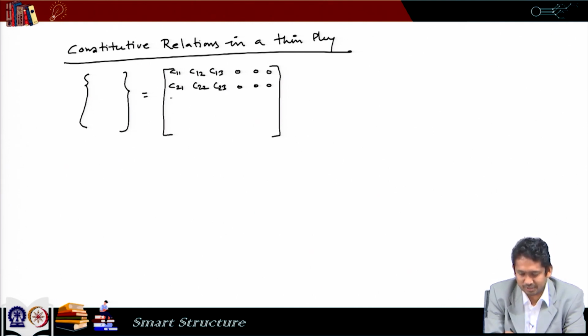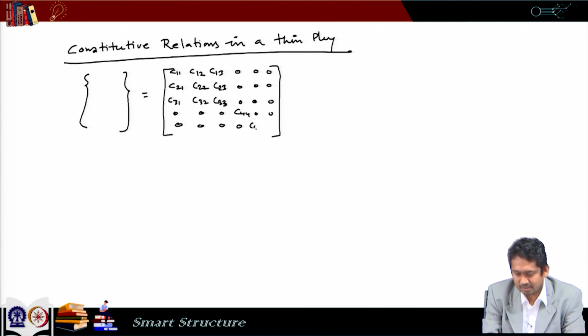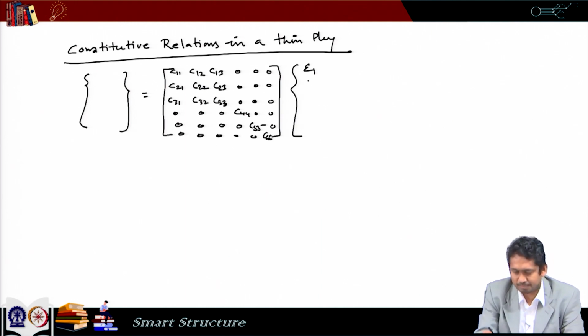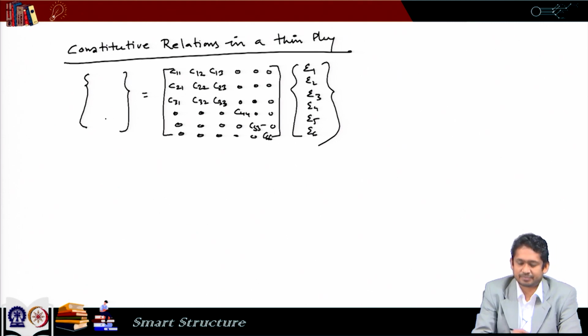So, C12 and C23 are same, C31, C32, C33, 0, 0, 0, 0, 0, 0, we have C44, 0, 0, 0, 0, 0, 0, C55, and we have 0, 0, 0, 0, C66, and this is multiplied with epsilon 1, epsilon 2, epsilon 3, epsilon 4, epsilon 5, epsilon 6, and here we have stress.